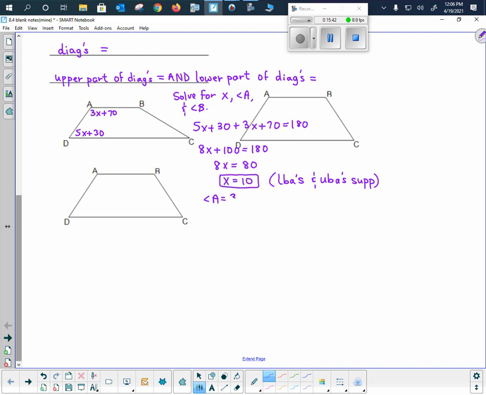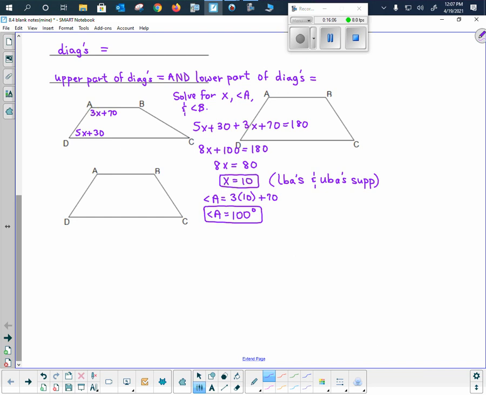You've got 3 times 10, you show that with parentheses, plus 70. Okay, clean that up a little bit. So that means angle A is order of operations, multiply before you add. 30 plus 70 is 100. It's an angle, so it needs to be 100 degrees.